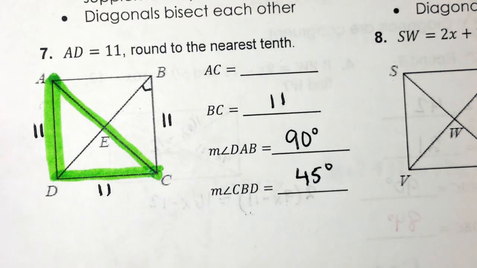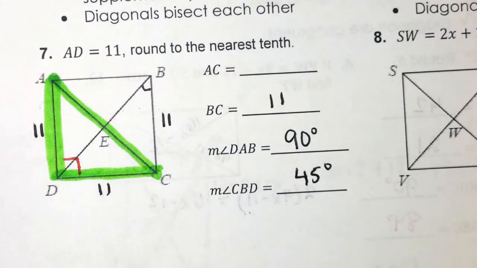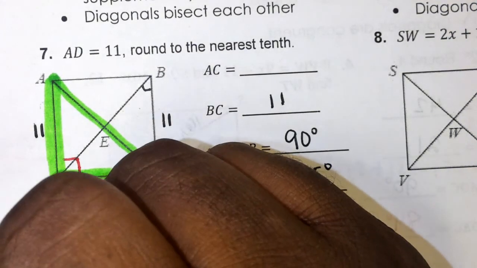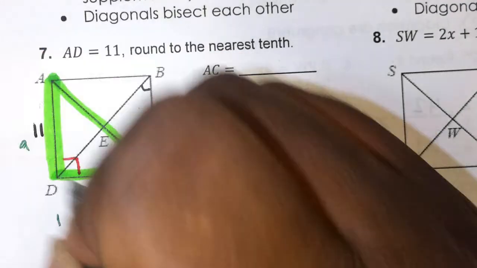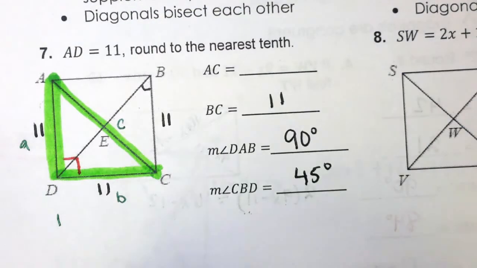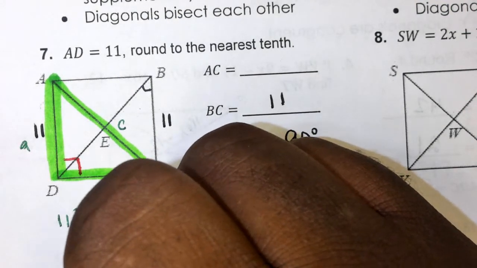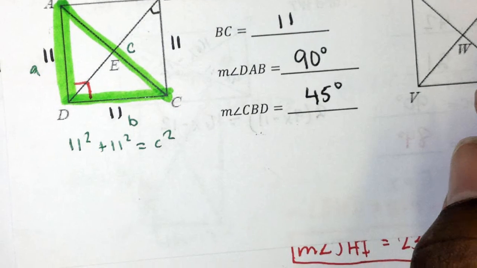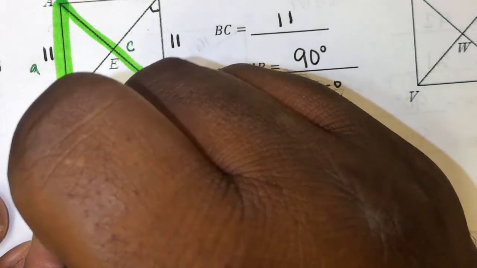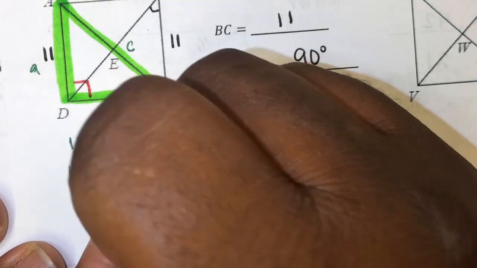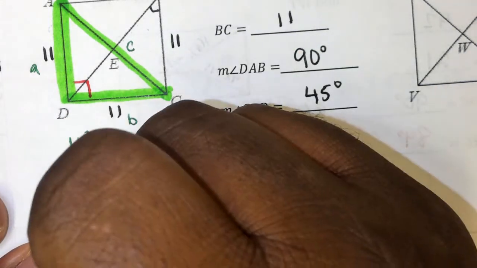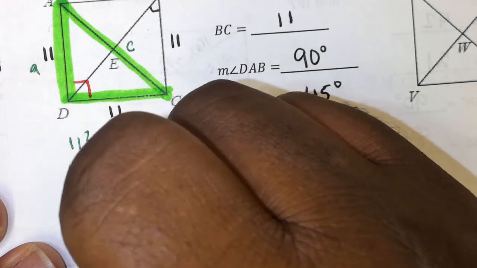Y'all know this is a right triangle, right? So what you think I'm about to use once again? No. Pythagorean theorem. Jesus. A, B, diagonal is going to be C. 11 squared plus 11 squared equals C squared. 121 plus 121 equals C squared. 242.